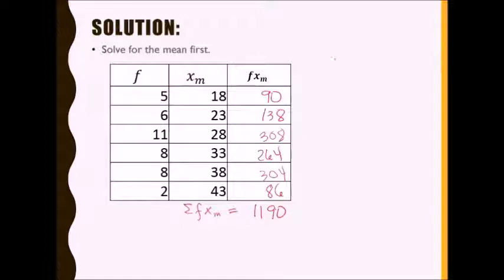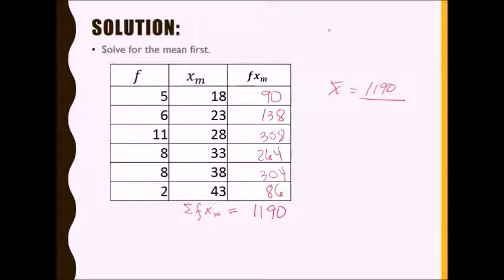To solve for the mean, since this is a sample, x bar equals 1,190 divided by the total number of frequencies. The problem says it's 40. If we check, 5 plus 6 is 11, plus 11 is 22, plus 8 is 30, plus 10 is 40.